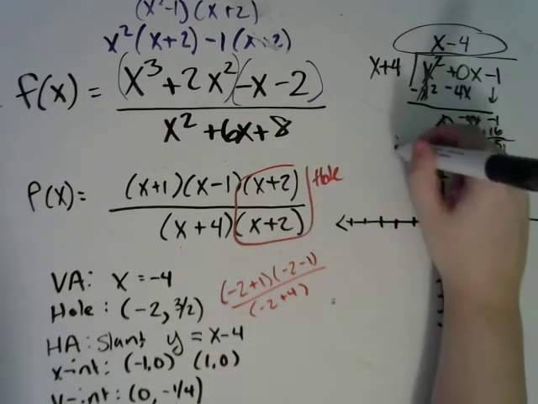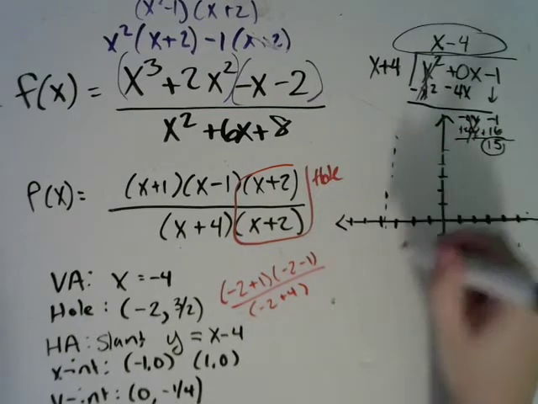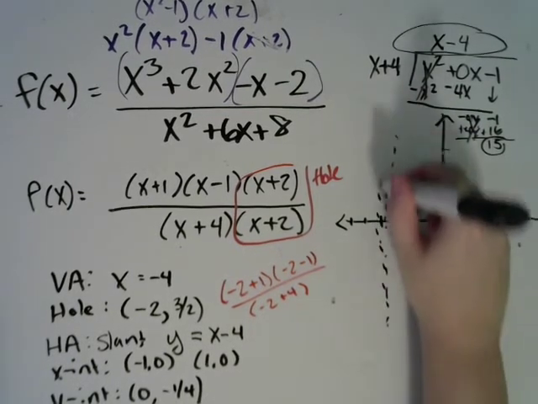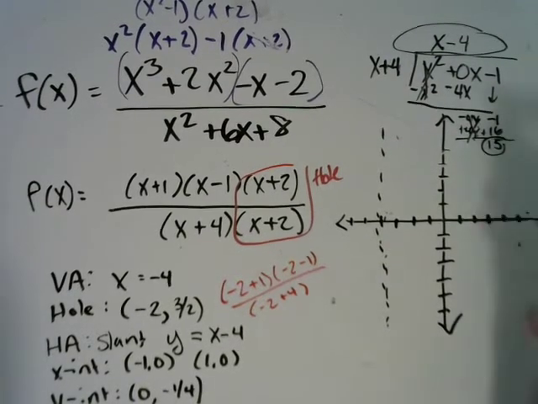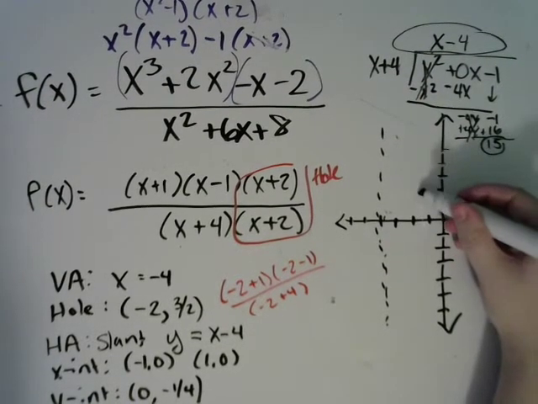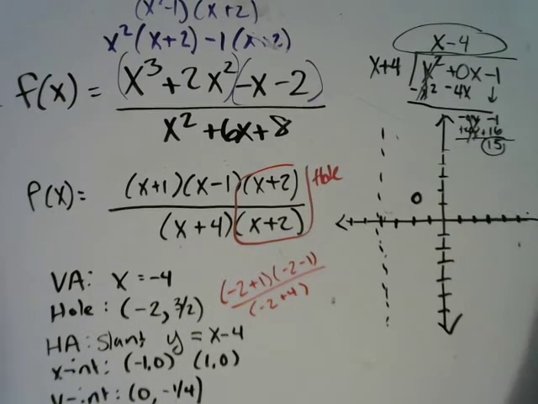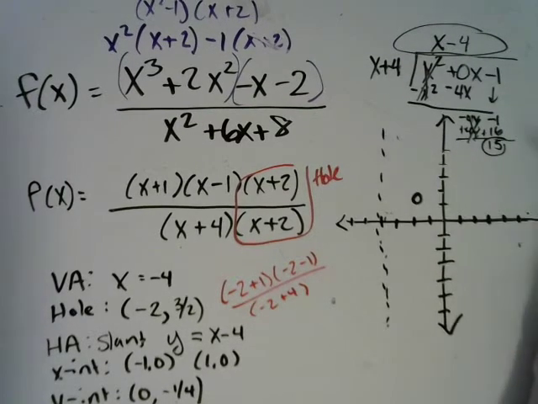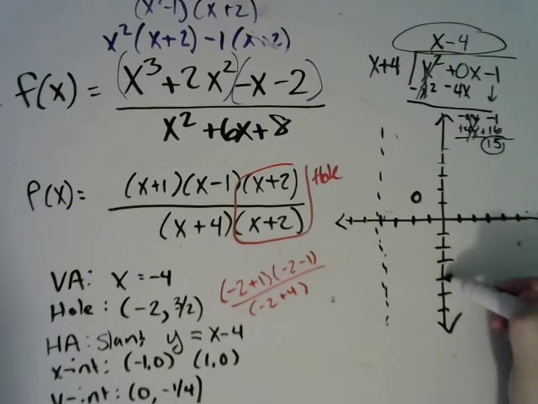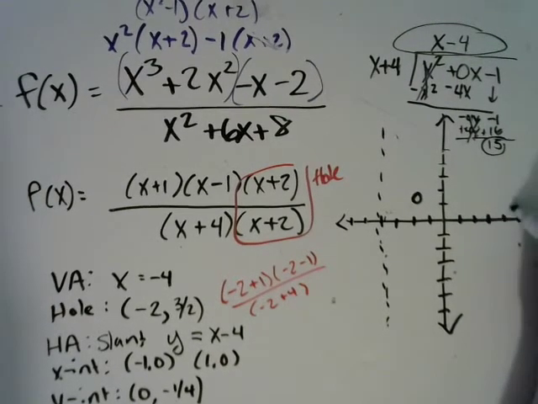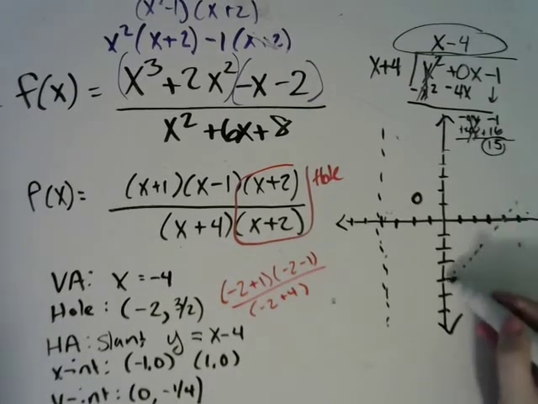So I'm going to do a vertical asymptote through -4. And then a hole at -2, 3/2. And the slant asymptote, I graph just like a normal line. So I'm going to start at down 4, and I'm going to go up 1 and over 1 in a slanted line.